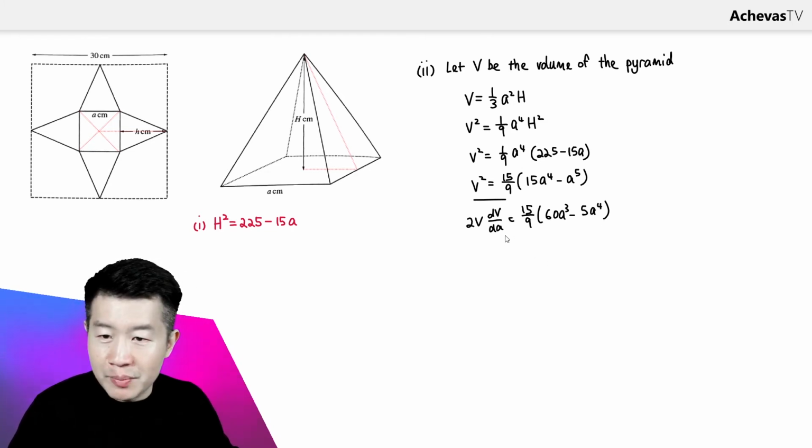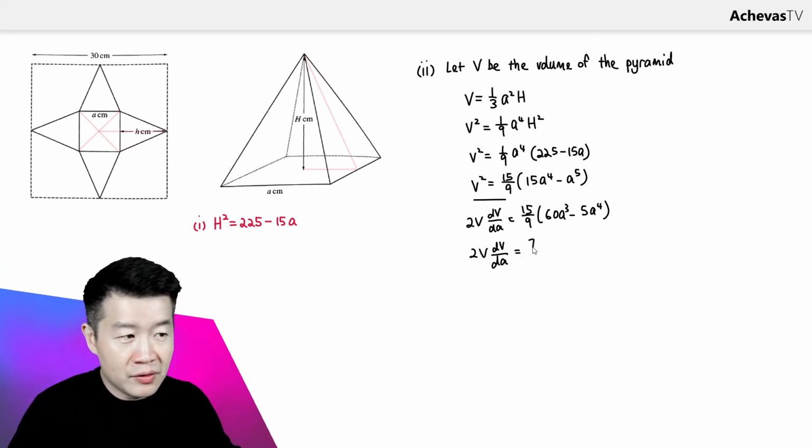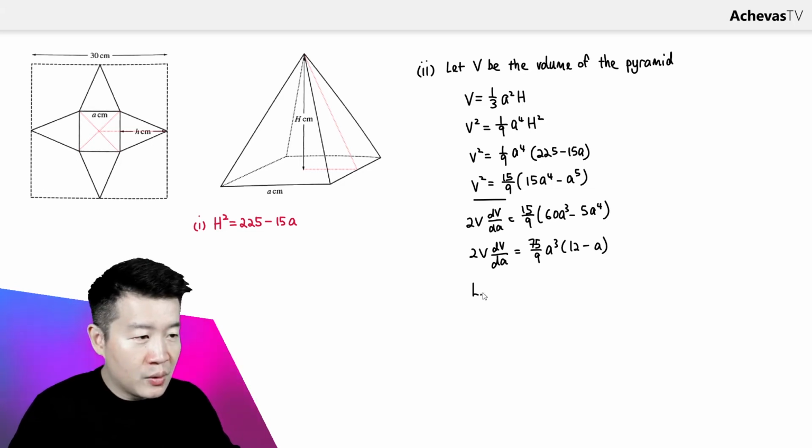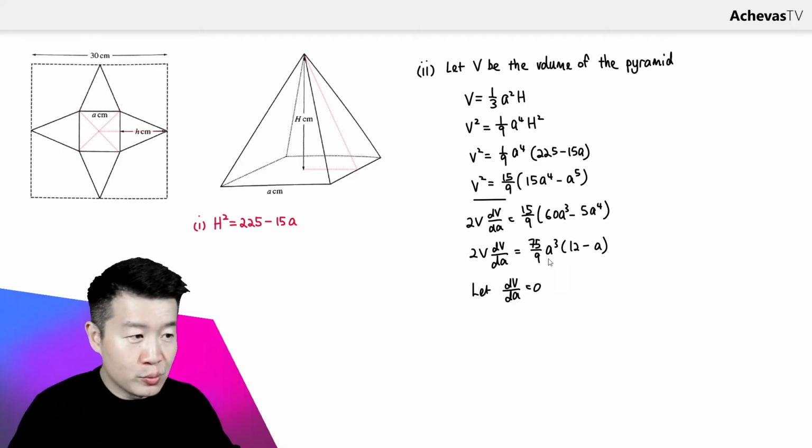Let's do a bit of simplification. So 2V dV/dA is equal to, if I factorize out 5A cubed, 75 over 9 A cubed, and then here we have 12 minus A. We are going to let dV/dA be equal to 0 since we are trying to maximize the volume.